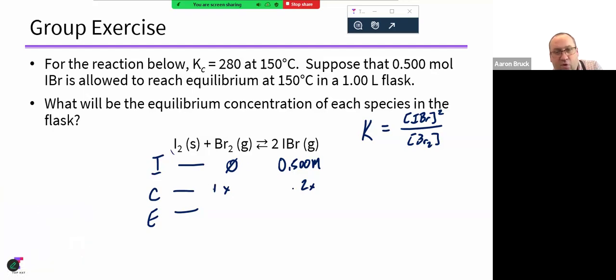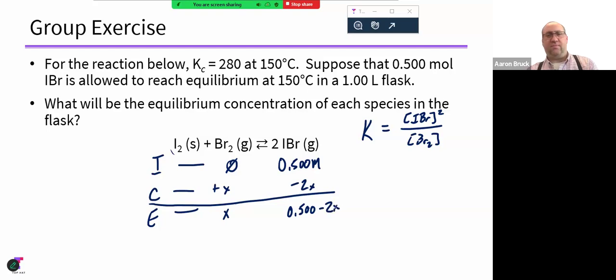We're going to gain bromine. We're going to lose IBr. My concentration of bromine is x. My concentration of the iodine monobromide is 0.5 minus 2x.